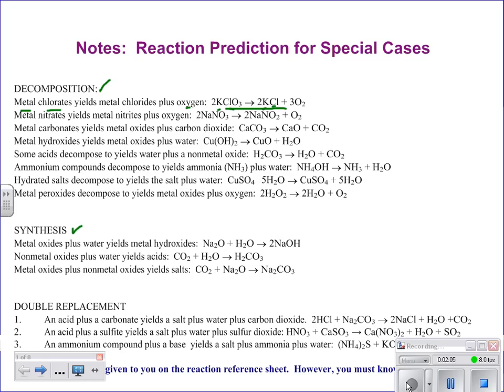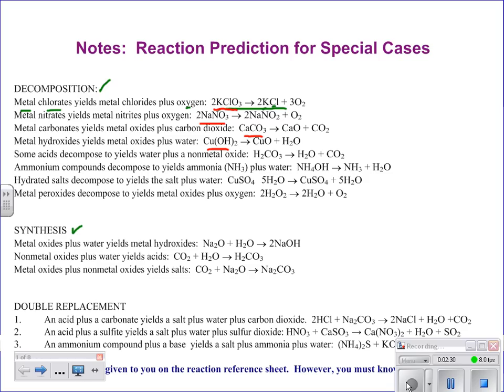If you are given the reactants and all you're given is this, you easily know that that's going to be a decomposition reaction because you only have one reactant. So that makes it really easy to identify. But the difference here between what we're seeing and what we saw yesterday is the presence of which element. What do you notice in your reactants for all of these?